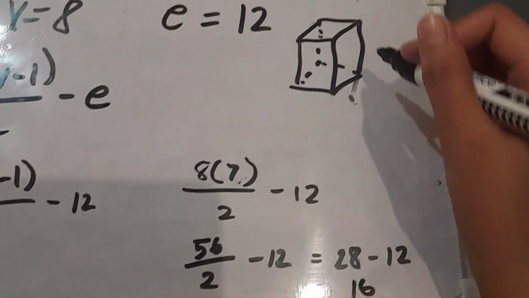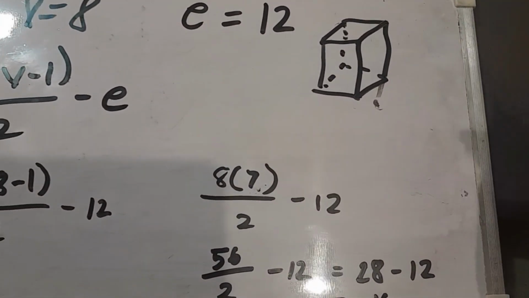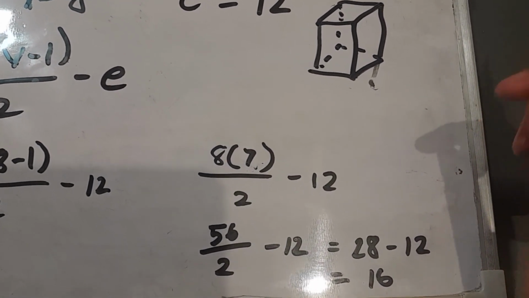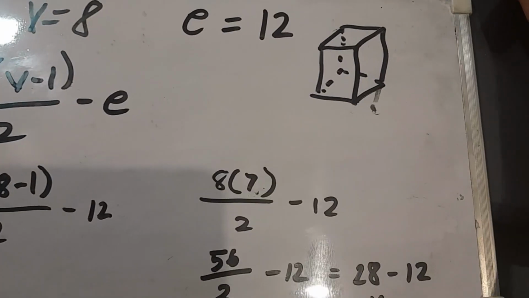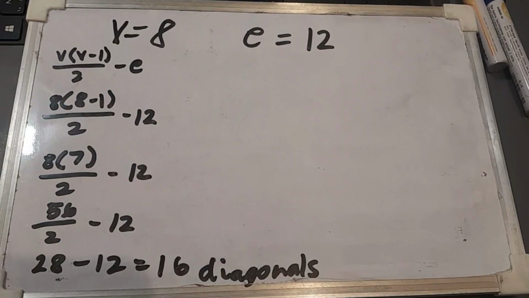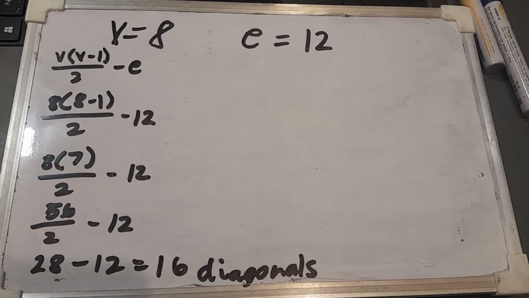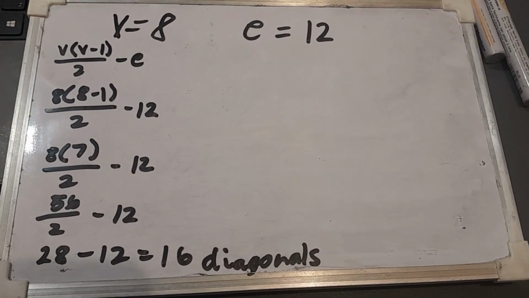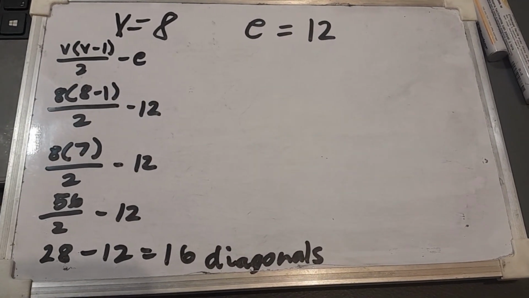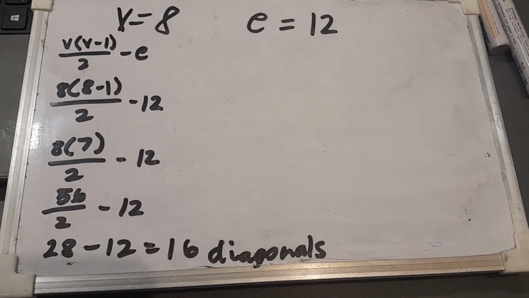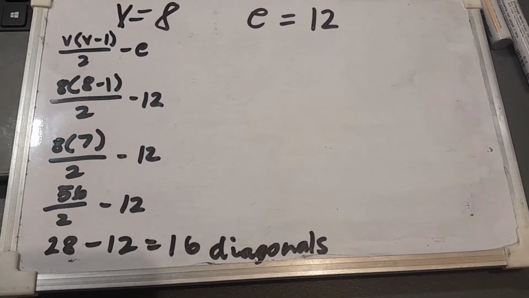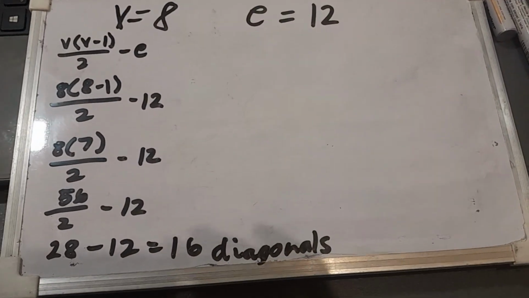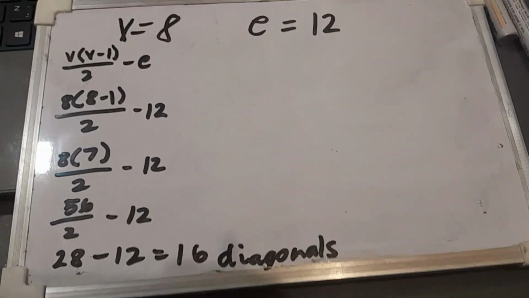We can see in the next illustration that there are 16 diagonals, the total of the face diagonals and the space diagonals inside the cube.